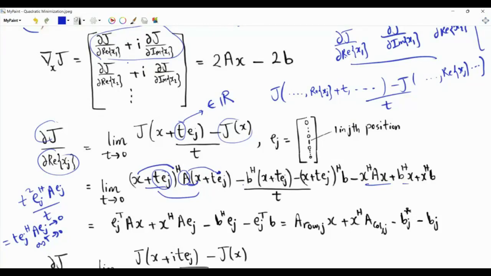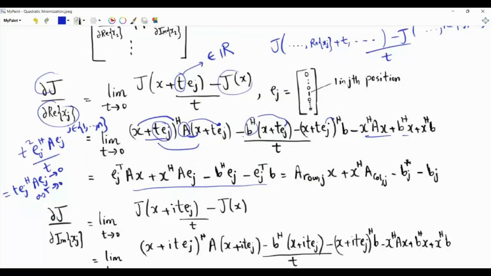Okay. And from here, the terms that are linear in t in the numerator, so we'll have b Hermitian e_j, and then we will have e_j transpose times b. And so basically those guys are the result of the limit. And so this quantity here is the partial derivative of J with respect to the real part of x sub small j, which is this index. Small j is an index that goes from 1 to small n.